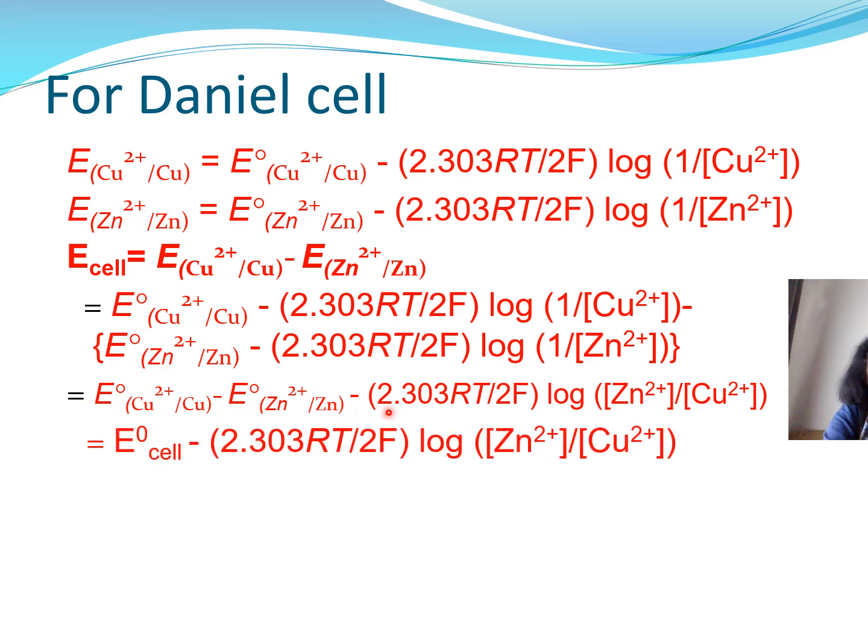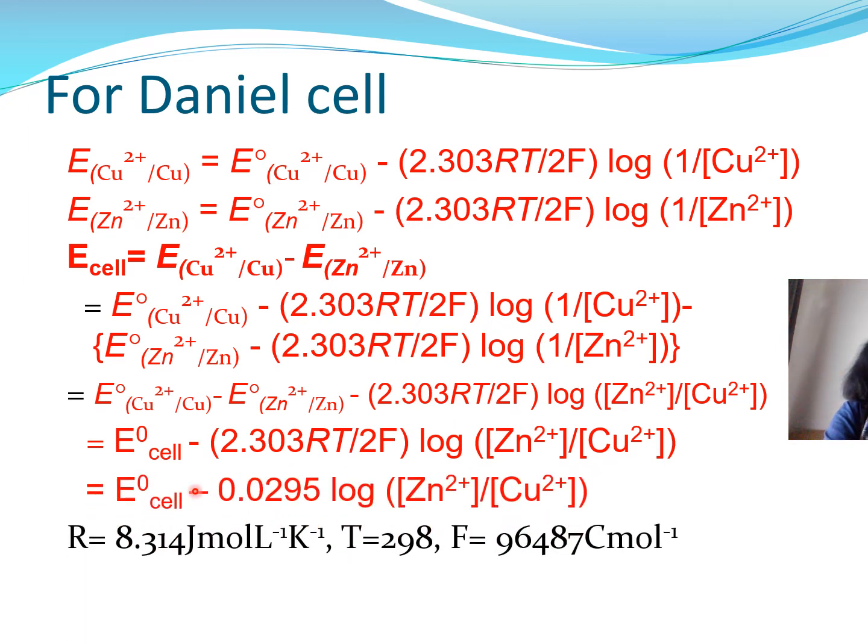So E naught cell is cathode minus anode. So this is E cell equals E naught cell minus 2.303 RT by 2F log zinc ions upon copper ions. Now 2.303 RT by F comes out to be 0.059, and 0.059 upon 2 is 0.0295. So E cell equals E naught cell minus 0.0295 log zinc ions upon copper ions.